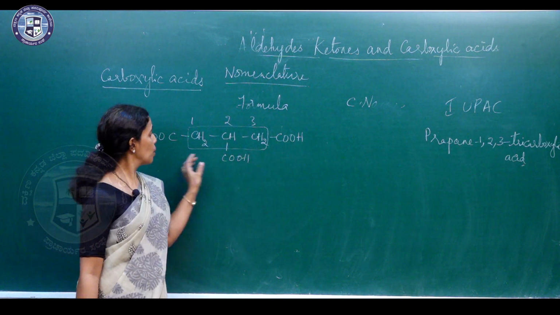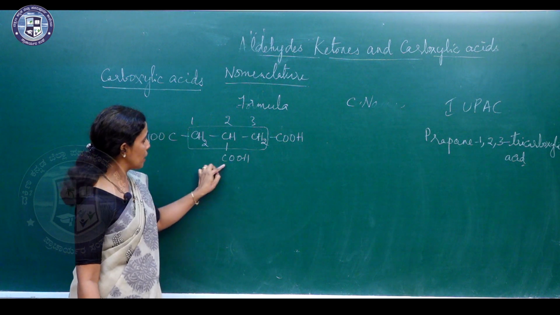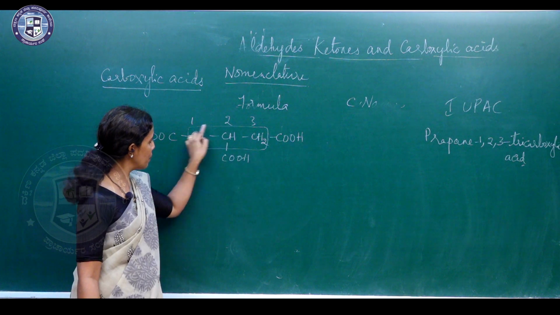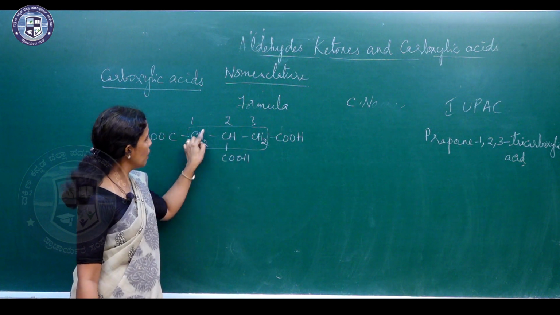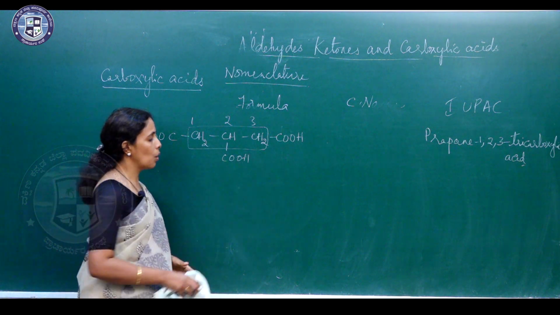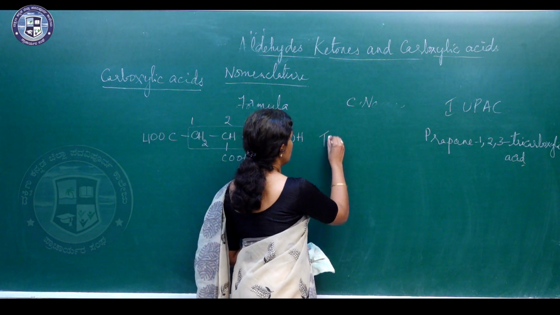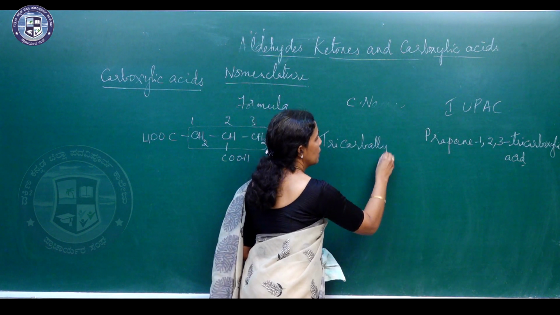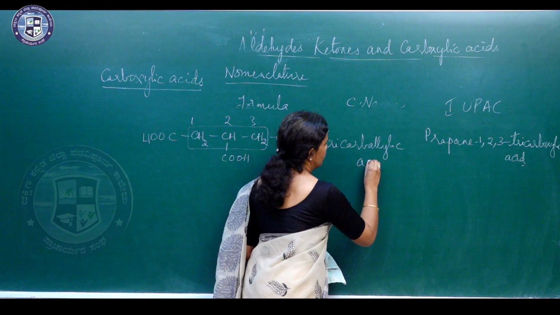That is why we will not take the carbon of the carboxylic group in the chain. So, that is why we have numbered this. So, propane 1, 2, 3 tricarboxylic acid, and the common name is tricarboxylic acid.